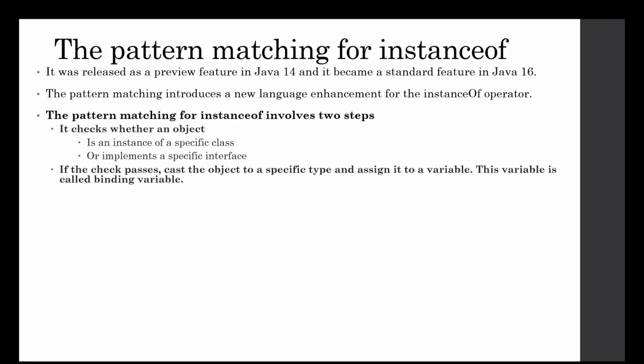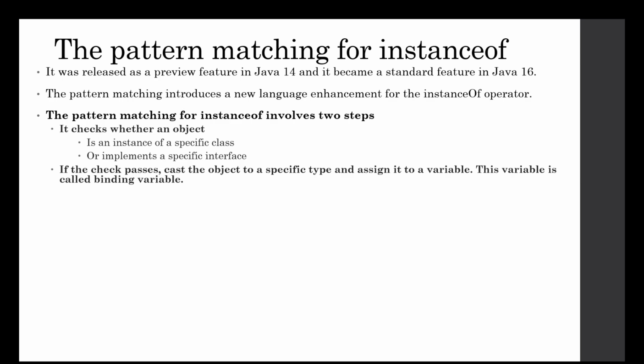The first one is that it is going to check whether an object is an instance of a specific class or not, or whether the class for which this object is created implements a specific interface or not.